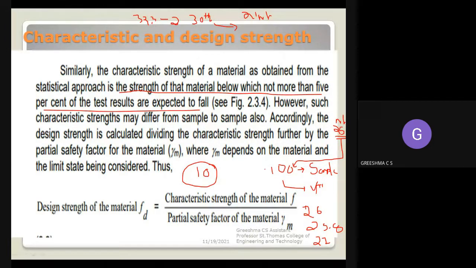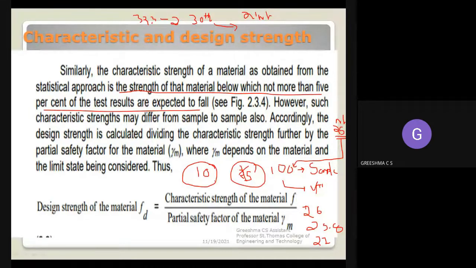In case it goes down, I cannot say that I have achieved a characteristic strength of 25 Newton per mm square. If more than 5% of the test results have a strength below 25 Newton per mm square, it means that my characteristic strength is not 25 Newton per mm square.